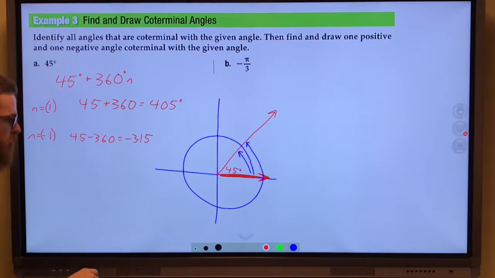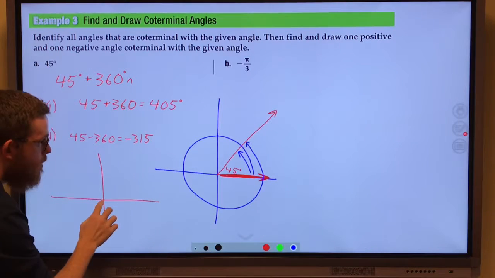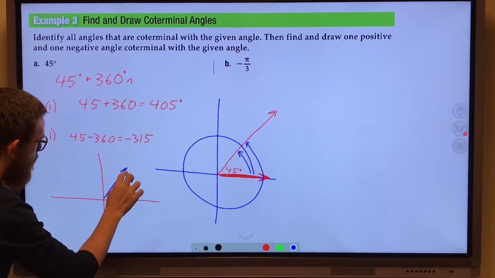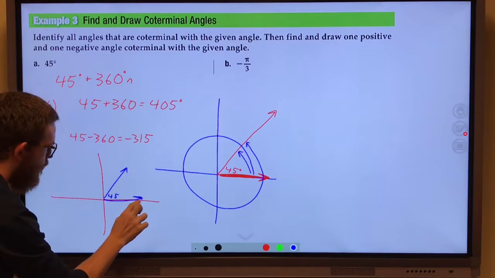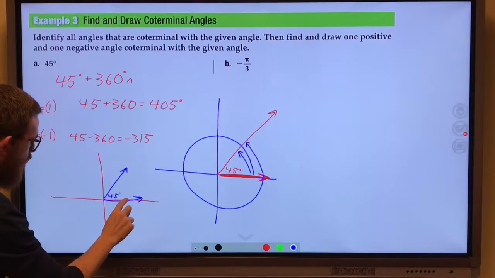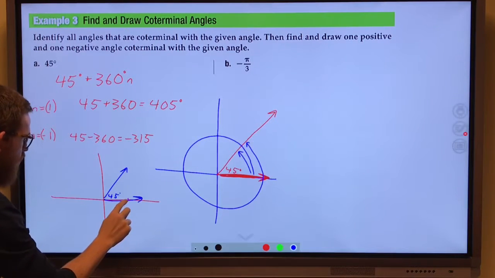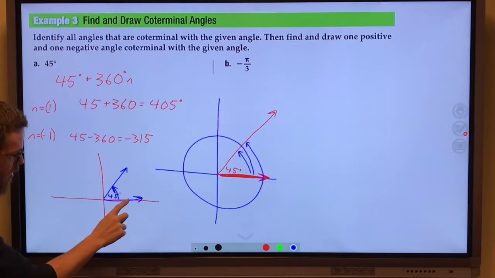And so this will be very similar. There's my 45 degree angle, here's our regular 45 degree, that's what we started with.